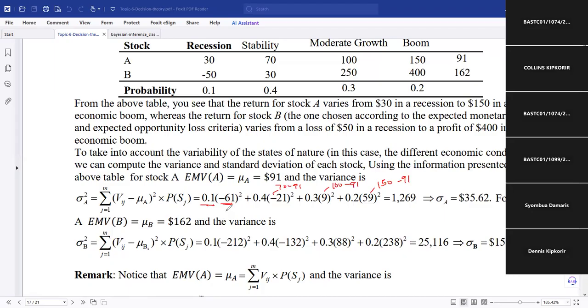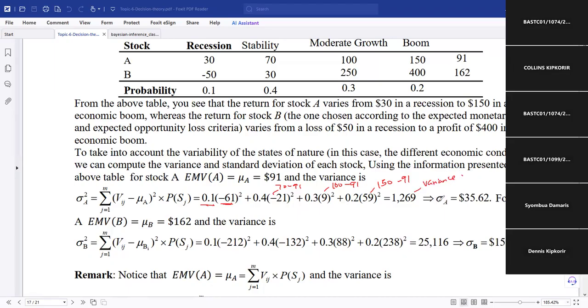But remember, we are still squaring it. Because of the squared deviations, there is no point where our variance is negative. It's always positive. The variability will always be a positive value. So if you check this, it is giving us 1269, which is the variance.